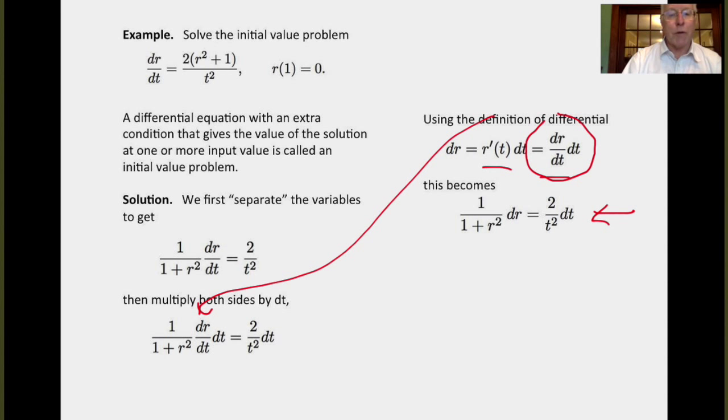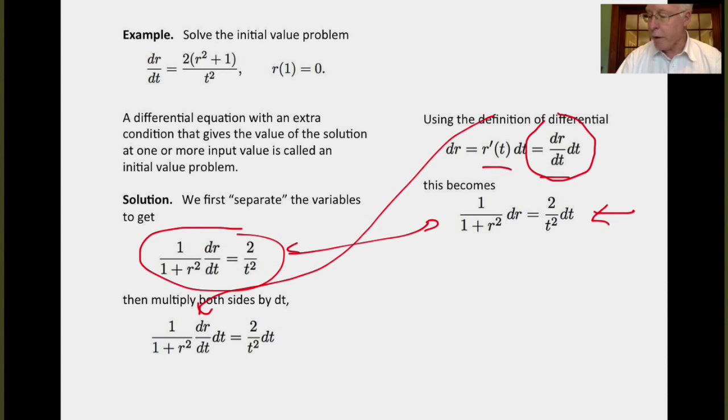Now, normally when you solve these equations, we're just going to jump from the equation right to this point. And I often think of doing that as just multiplying both sides of this expression by dt. If I treat dr/dt as a fraction, the dt's cancel, leaving me with dr on the left, and introducing the dt on the right. But here's the separable process.